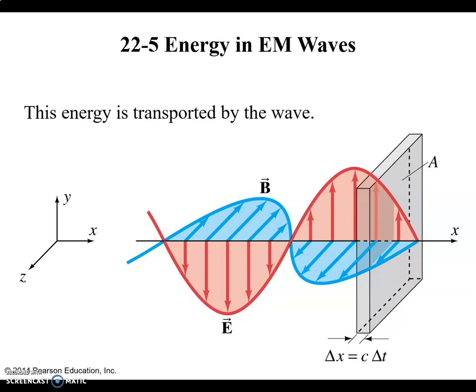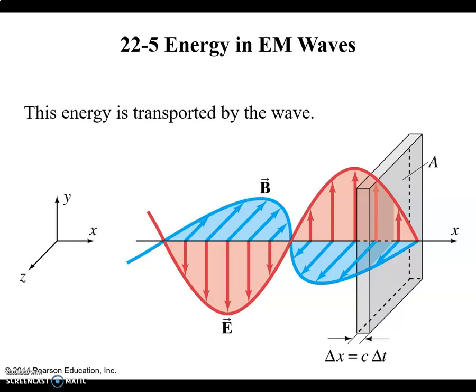Now in this figure, you see a large gray box on the right side of the wave. The box has a width of delta x, which we can calculate as the speed of light times the change in time, which just comes from our definition of velocity. So in the next slide, when we talk about distance, we're going to write it as c times delta t.